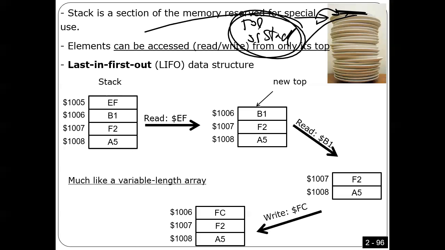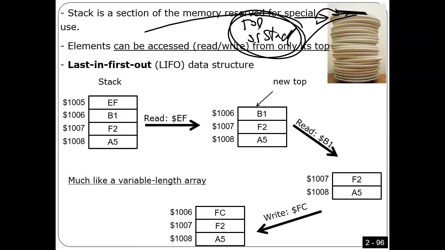Is that okay? So there is something we call the top of the stack. Every time you want to write, you have to write on this top. You have to read from this top. And the address of this top of the stack is stored in the register called the stack pointer. You remember before I told you we have something called a stack pointer.